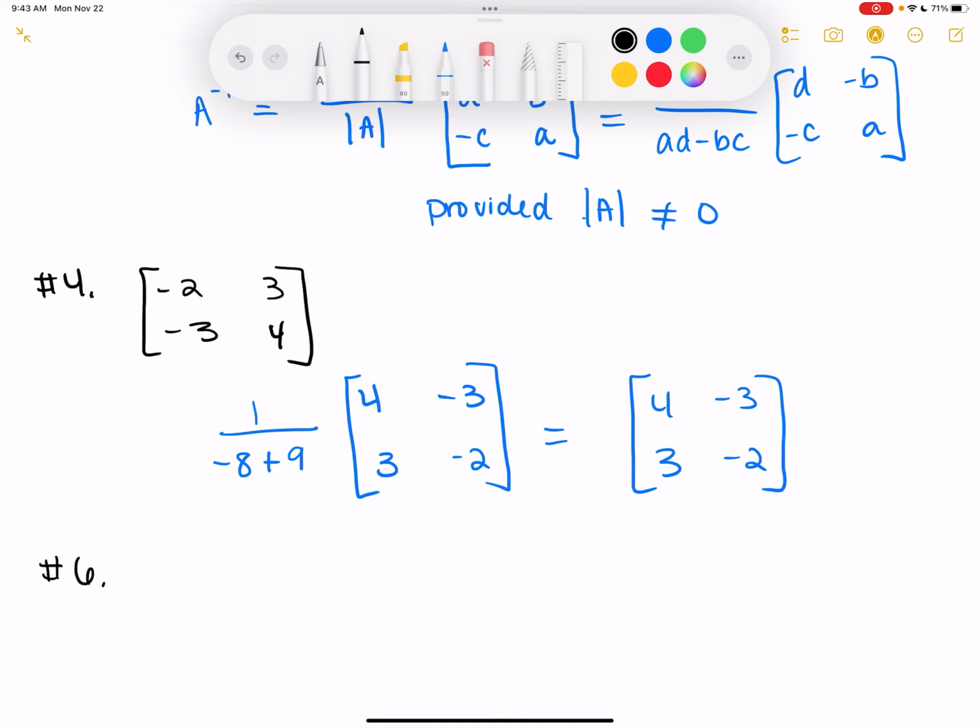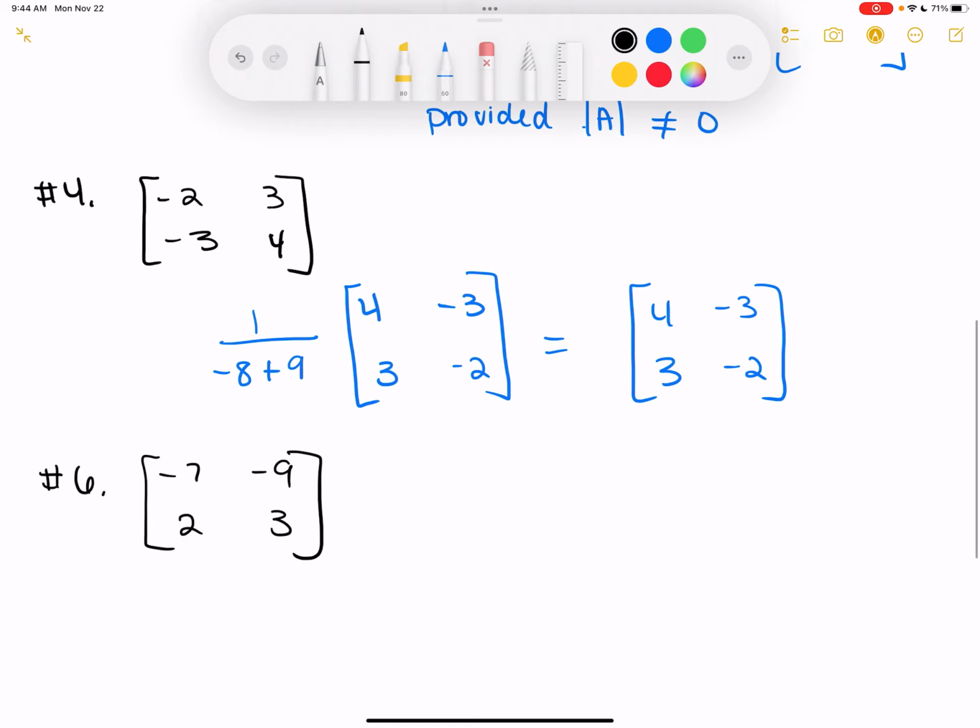All right, 6, -7, -9, 2, and 3. So I've got 1 over, what is the determinant here? -21 plus 18.